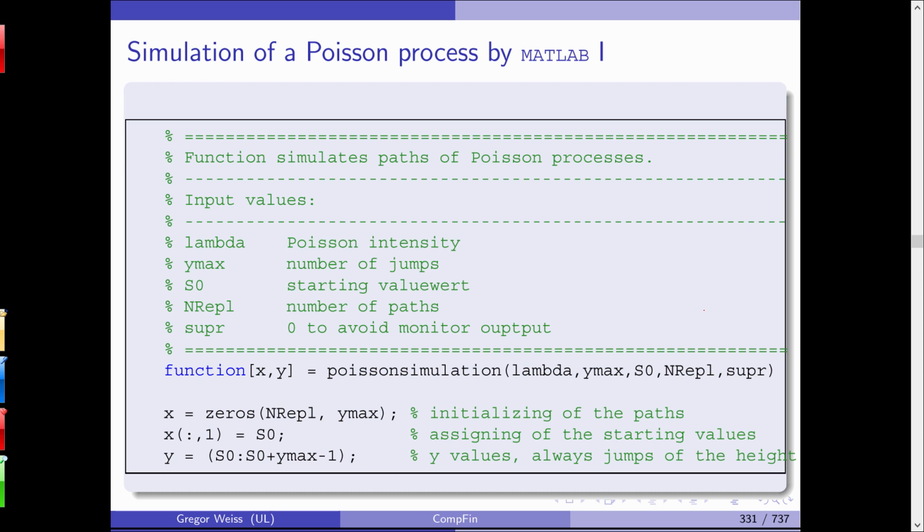So we set this parameter here. We initialize the jumps with zeros. We are assigning the starting value in the first column, and then we have the corresponding values.